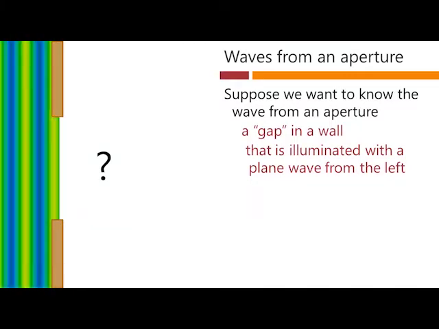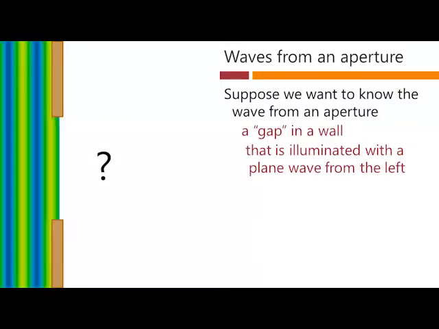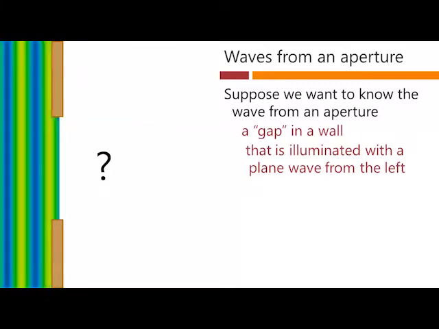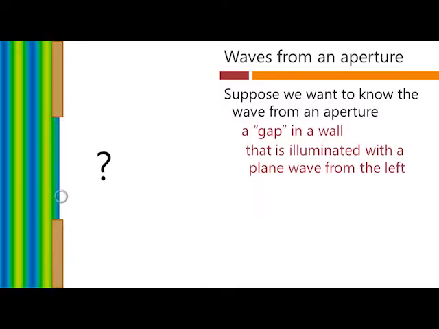Well, we can appeal to our Huygens principle and try to construct Huygens sources along this line that we've drawn here that attempt to project what is going to happen out to the right. And because this is a plane wave here, these Huygens sources would all be the same amplitude, and we would just put them along this line here and try to construct what would happen out on the right-hand side.